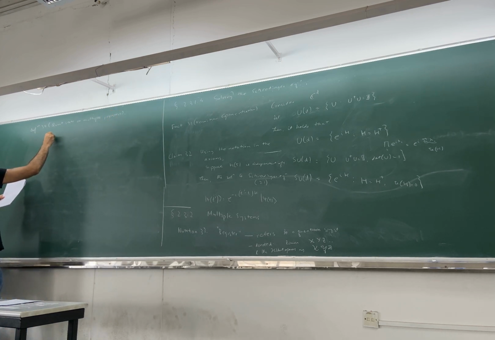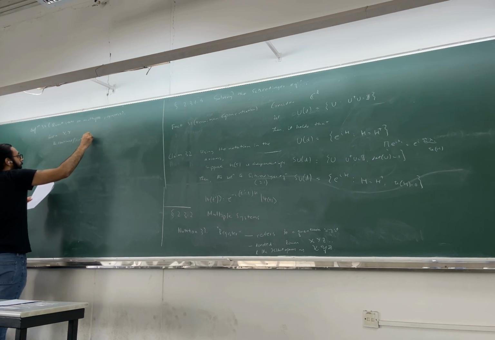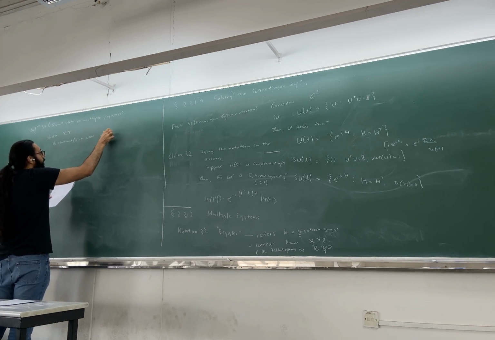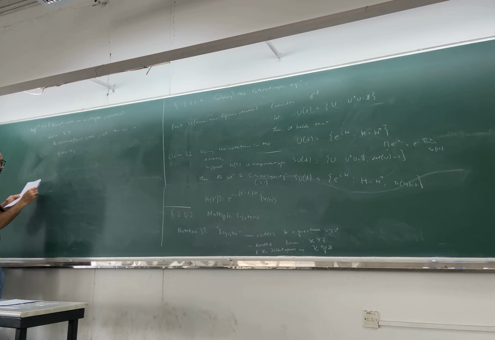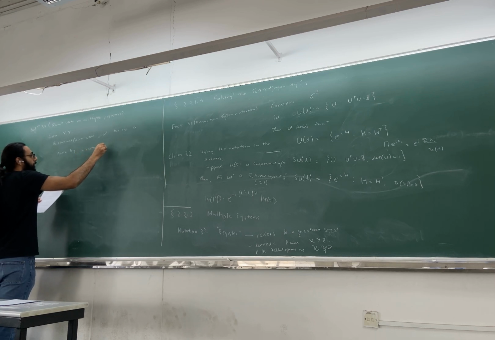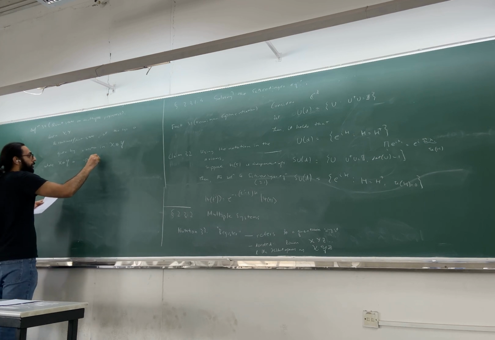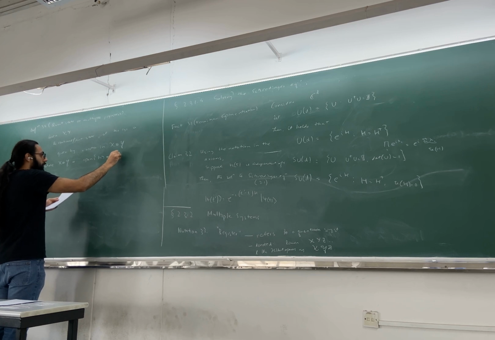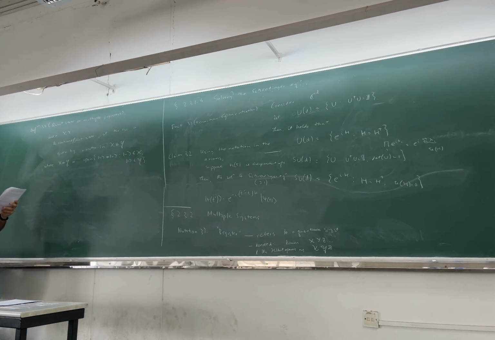Given X, Y, the combined or joint state of the system is given by a vector in X tensor Y, where X tensor Y is just the span of u tensor v such that u belongs to X and v belongs to Y. It's nothing very deep happening.